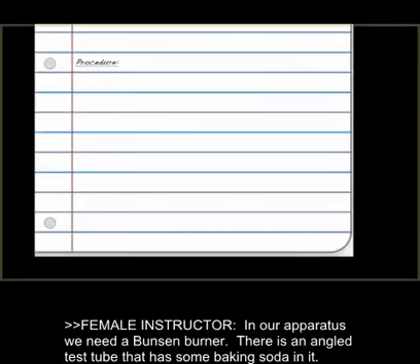In our apparatus, we need a Bunsen burner. There is an angled test tube that has some baking soda in it.